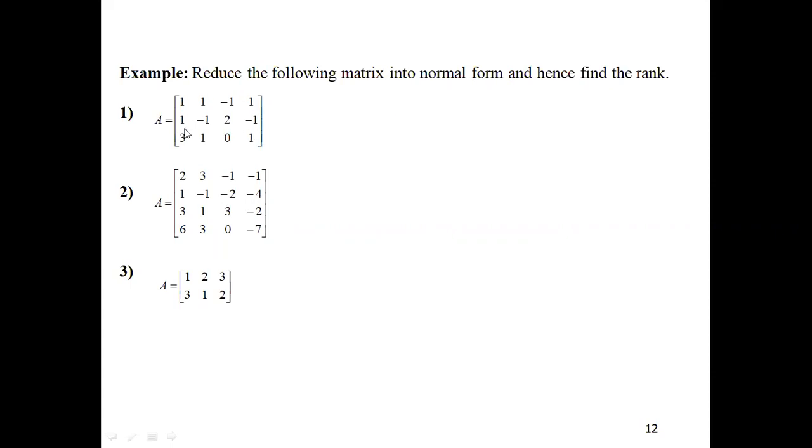Okay, you need to convert into the first normal form and then you need to find out the rank. Okay, so write down this example. These are the homework tasks for you. Write down these examples.